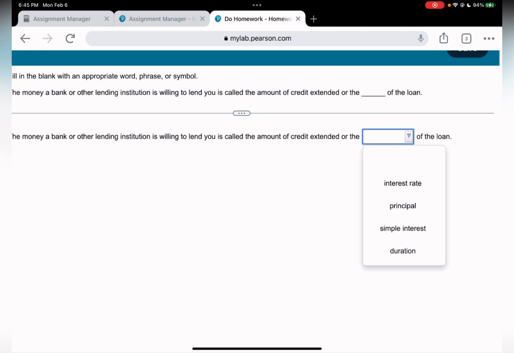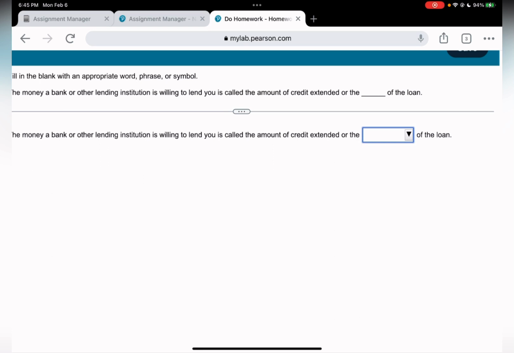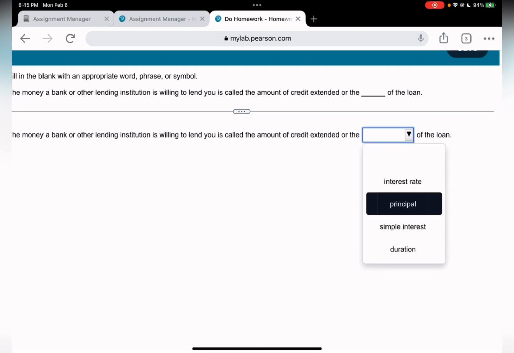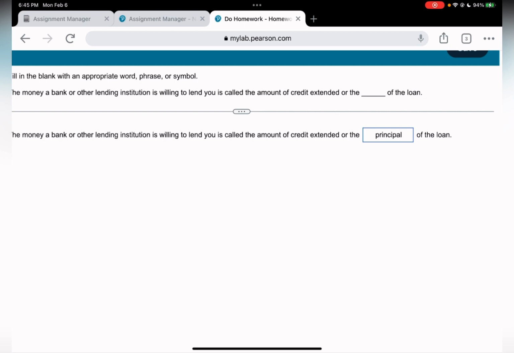And it's simple, meaning there is no compound interest. It's a standard fixed interest. And duration is for how long you're going to give. So in this case, the money a bank or other lending institution is willing to lend you is called the amount of credit extended, or the principal of the loan.